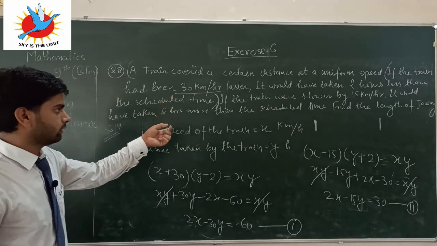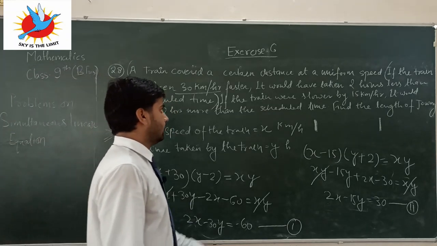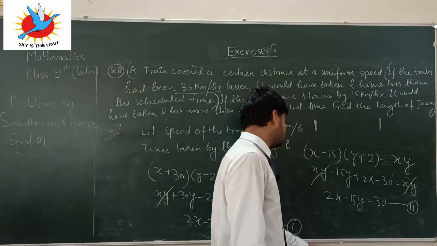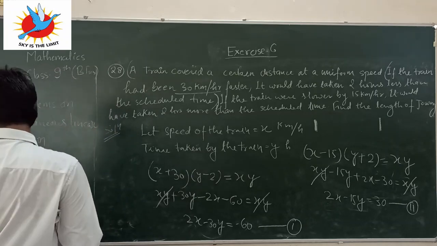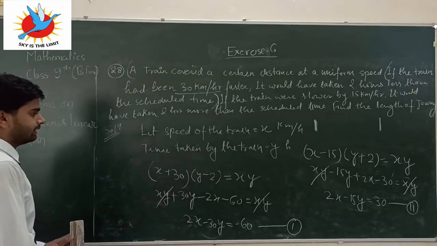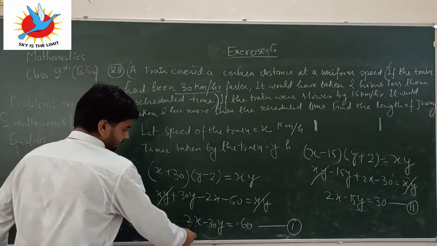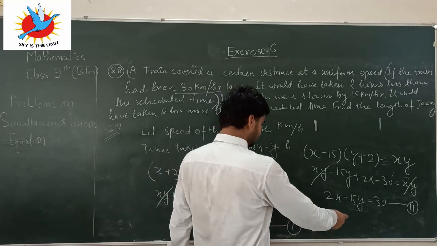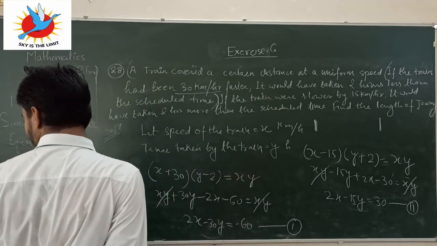From condition 1 we translated it into algebraic equation 1, and condition 2 we translated into equation 2. Now solve equation 1 and equation 2 either by elimination or by substitution. Here we can see it is 2x, and here it is minus 30y. We can easily eliminate the 2x term, or we can eliminate the y term.